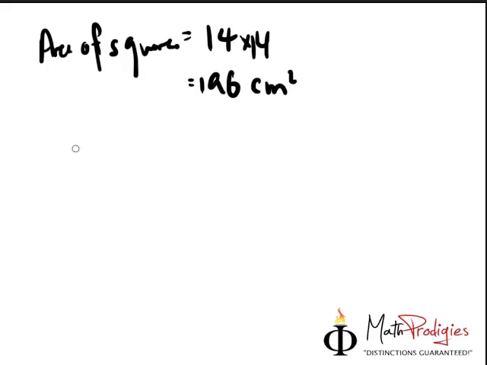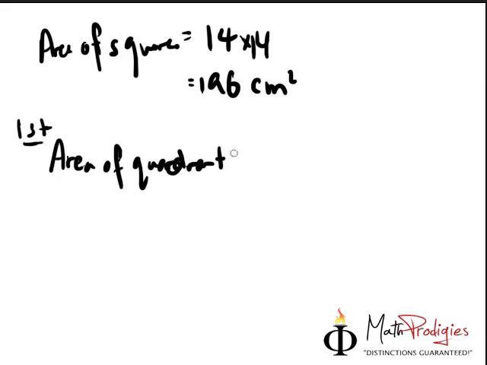And I'm going to show you both ways of how to do this. The first way is to find the area of the quadrant or the quarter circle, which equals pi r squared, which is the area, divided by what? Correct, good job, divided by 4, because it is divided into 4 parts.